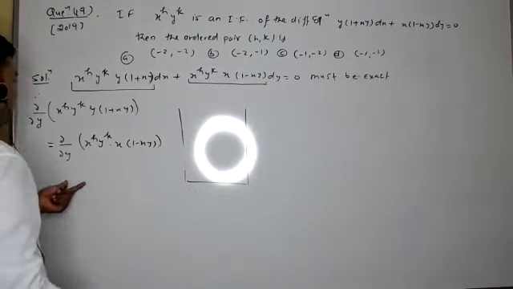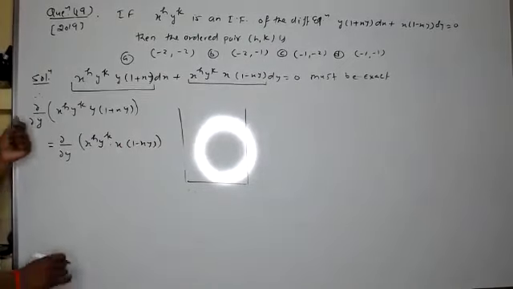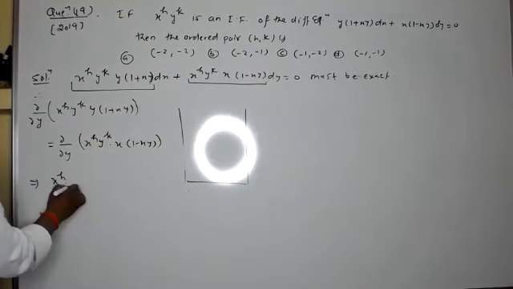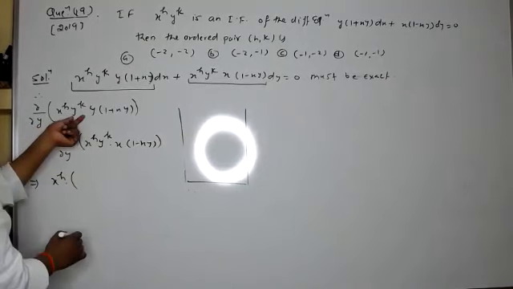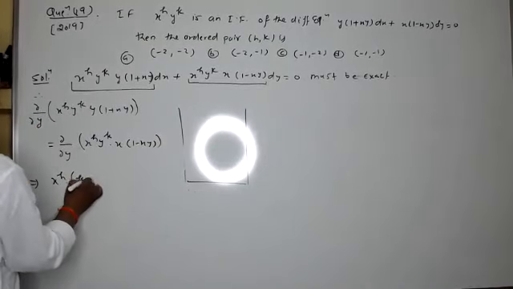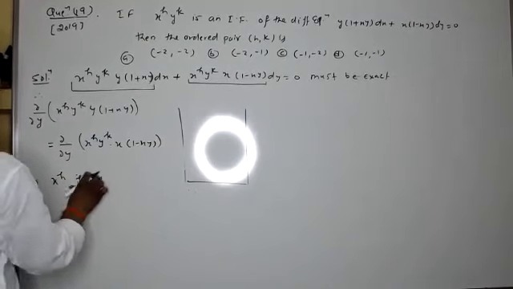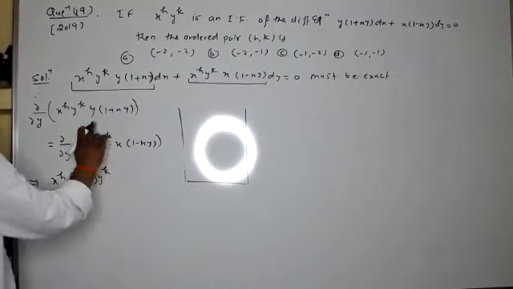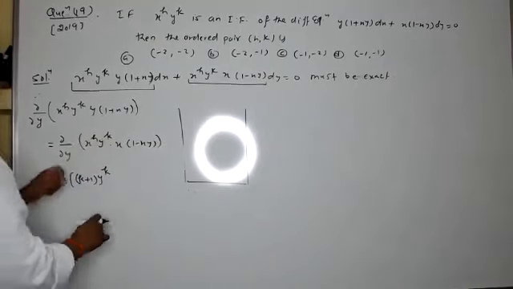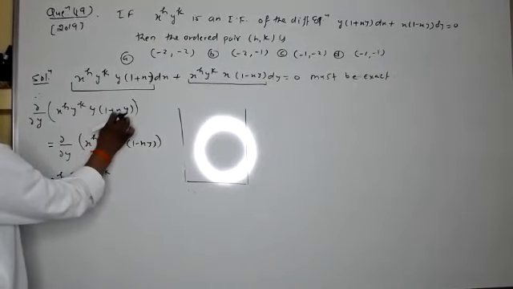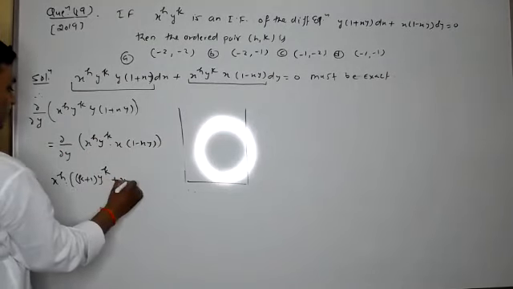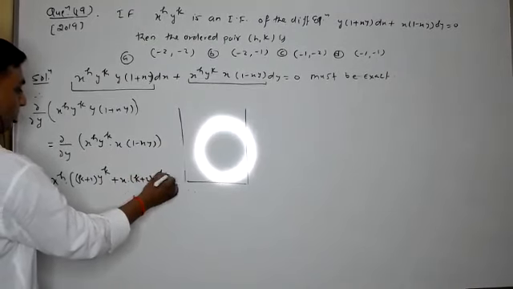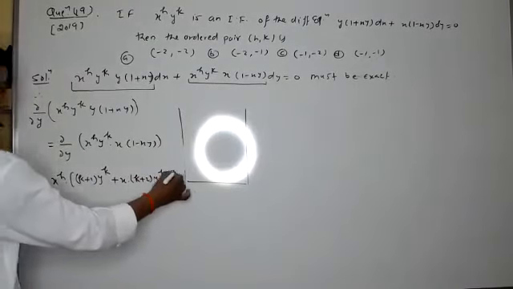Right? अभी क्या करेंगे? Since we have to differentiate with respect to y, so you will have x raised to the power h as common. अंदर में you will have y raised to the power k plus 1. So that will become (k plus 1) into y raised to the power k. The other factor will become y raised to the power k plus 1 plus x into, that will become (k plus 2), so it will be y raised to the power k plus 1, right?